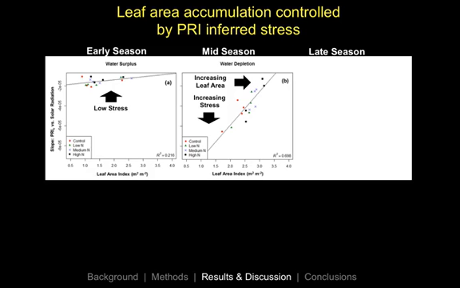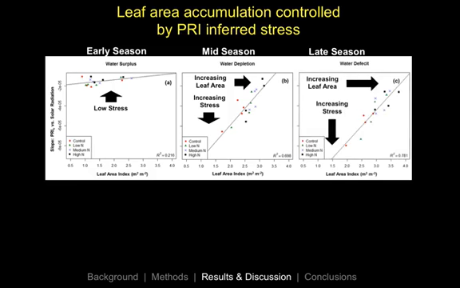We have a lot of our control plots, the red plots, and the low nitrogen plots in green, the triangles, showing increasing stress and less leaf area accumulation. As we progress later into the season, we see increasing leaf area, but we also see increasing stress, and we do see a tighter correlation between that slope of PRI-C versus solar radiation and LAI.